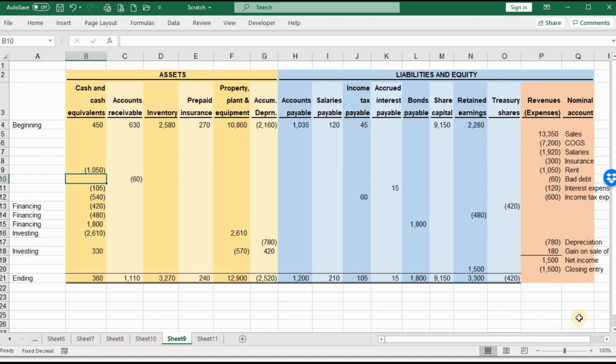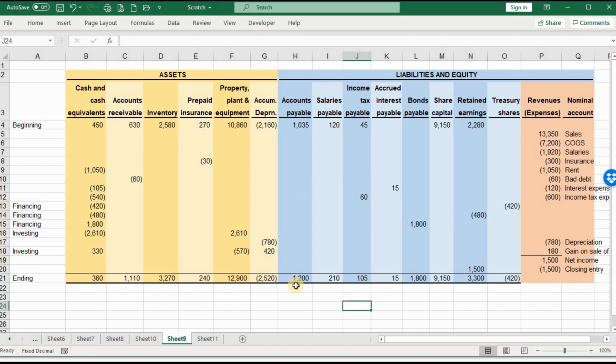Now let's proceed to insurance. The related account for the insurance is the prepaid insurance. The prepaid insurance has a decrease of 30 pesos, that is 240 less 270.